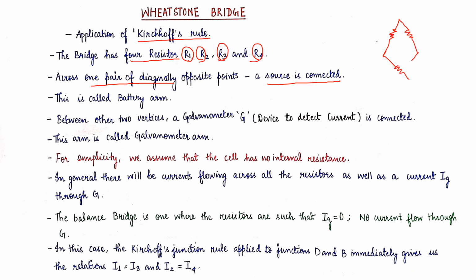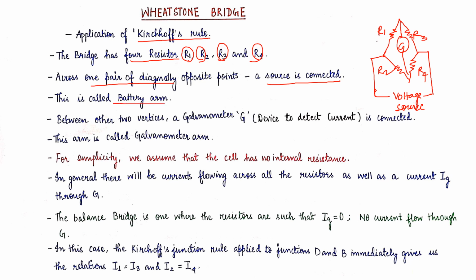The Wheatstone bridge looks something like this. In these two points, we will have a voltage source connected, and along this we will have one galvanometer connected. This will be R1, R2, R3, R4. Okay, these will be the resistors.